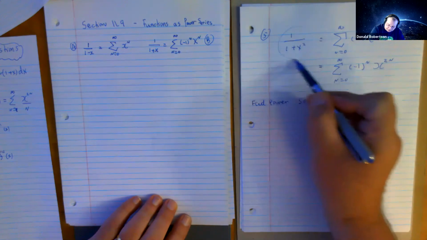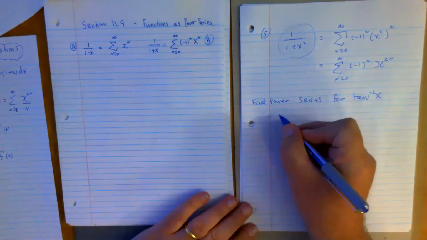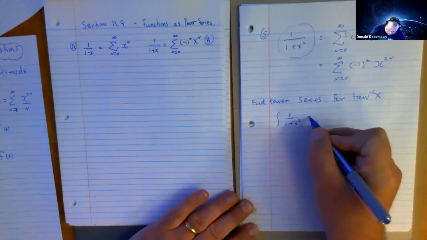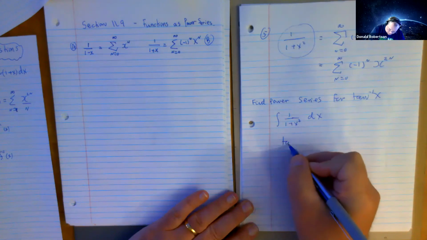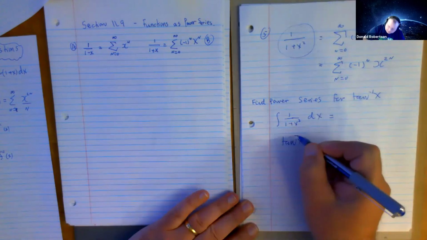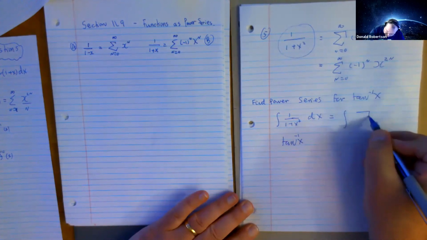What do you do to this that would give you that? You integrate. So I'm going to find the integral of that, and we know that is inverse tan of x plus c. Well, that means I'm going to integrate its power series.